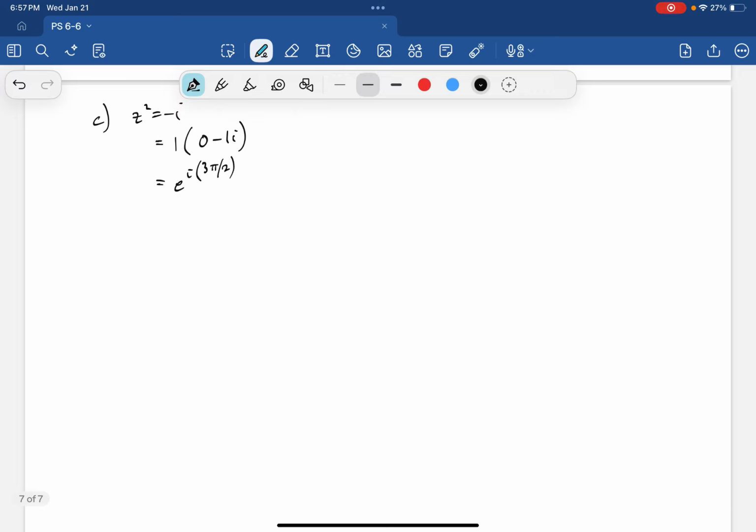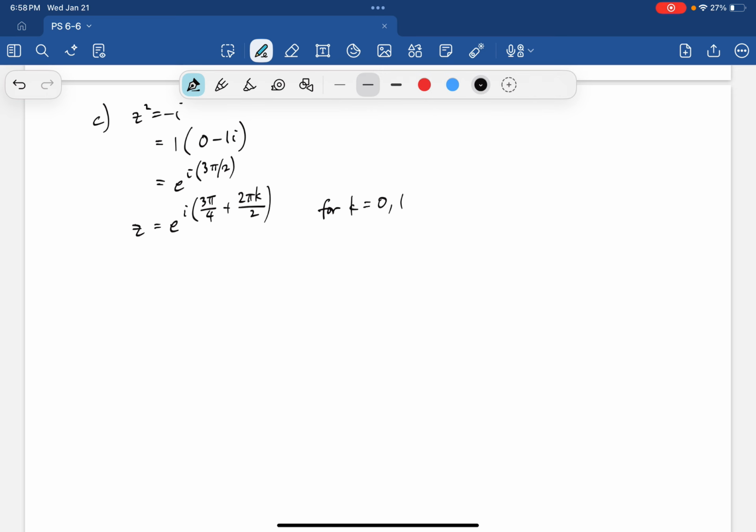So that tells us that z equals e to the i 3 pi over 2, because that's this angle here, divided by 2, plus 2 pi k over 2, because n is 2 in this case, for k equals 0 and 1.